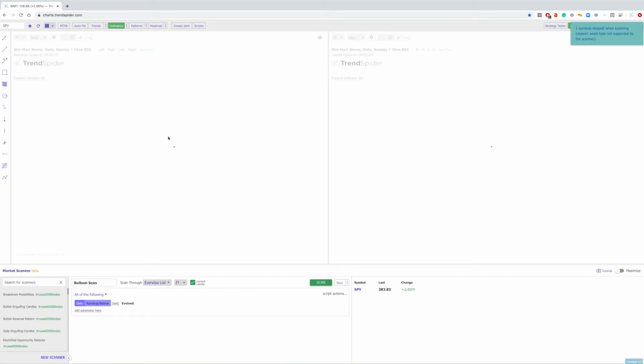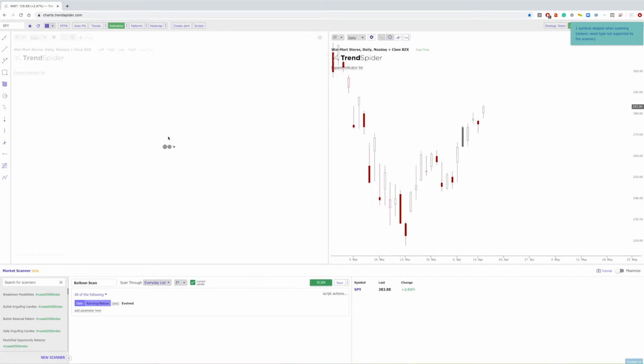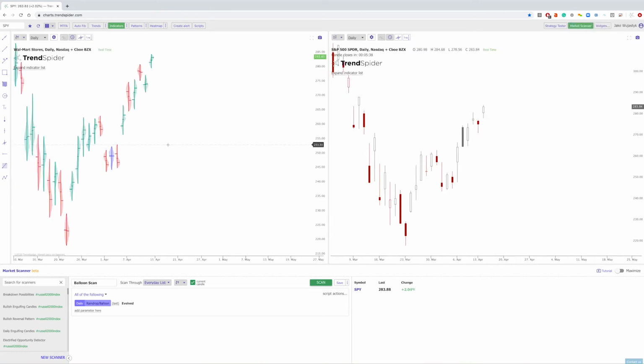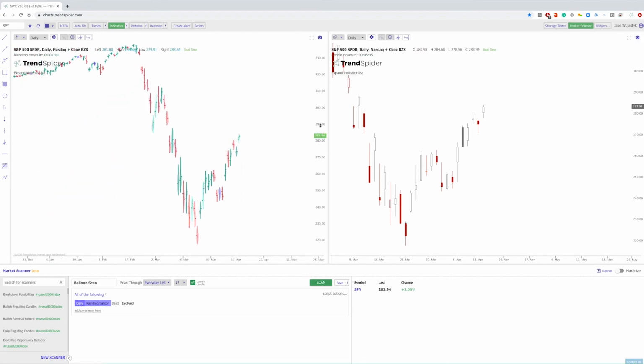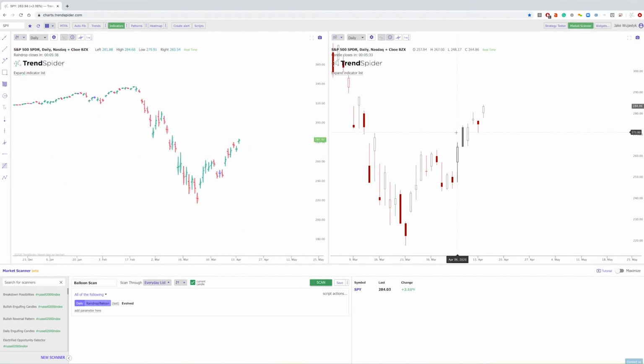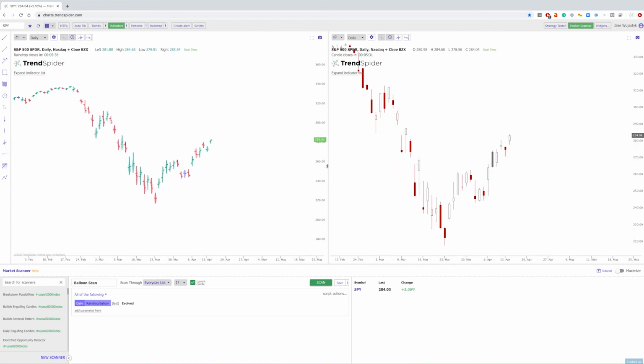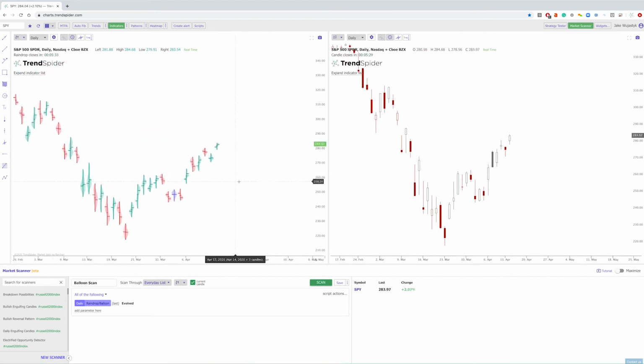Remember, the balloon candle isn't always an important area if you're not breaking out through either a horizontal area or a diagonal trend line area. In this case, this isn't necessarily anywhere that's important for a breakout.